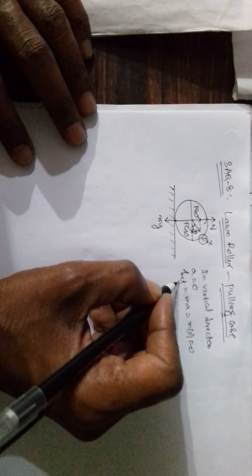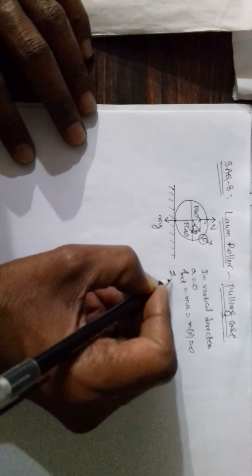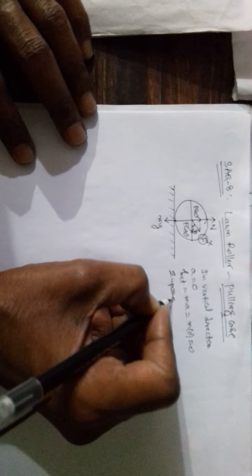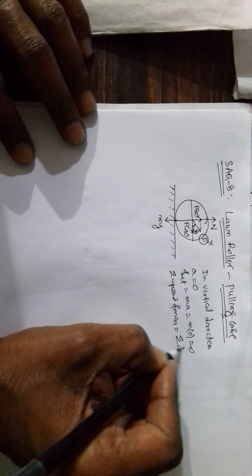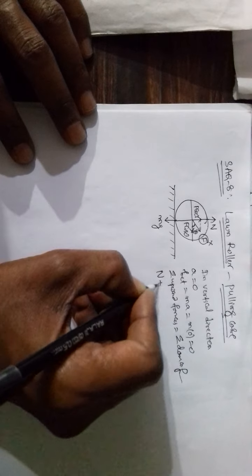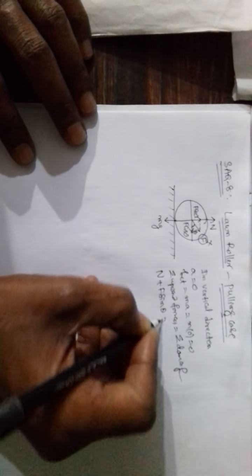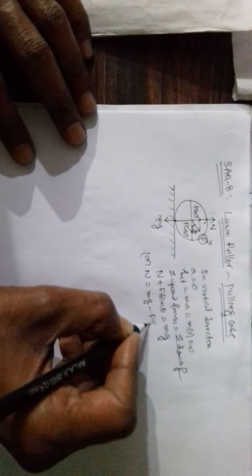When net force working on the roller is 0, then we can write sum of upward forces is equal to sum of downward forces. Upward forces are F sin theta and N. Downward force is mg, or N is equal to mg minus F sin theta.